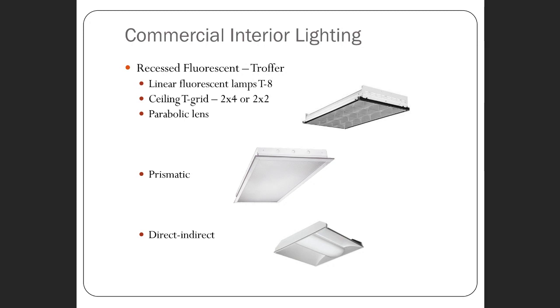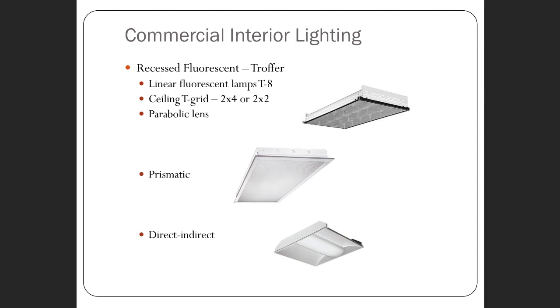I was talking about what might be typical in a home. Let's touch briefly on the sorts of things that we would see in commercial space, right? So in a store or an office building or a Triton classroom, we're quite often going to have our linear fluorescent light fixture, and it's going to be in what's called a troffer, right?